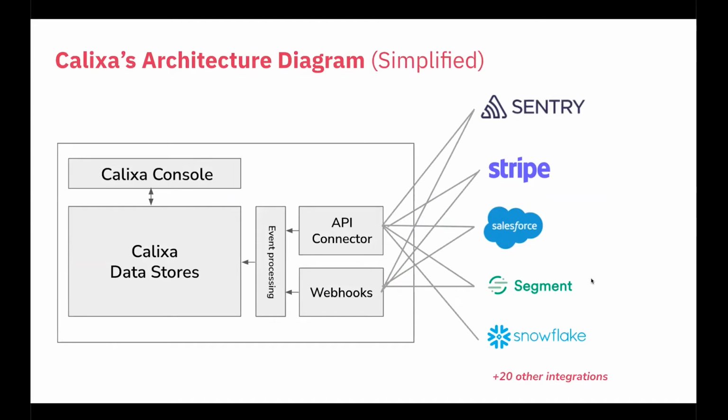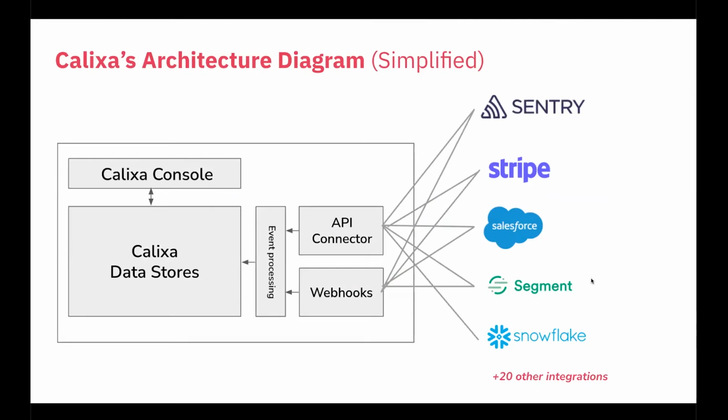And so a key part of our architecture is we rely on API connections out to many different software vendors or software apps, as well as collecting webhooks from them.